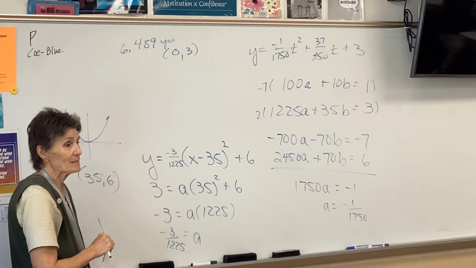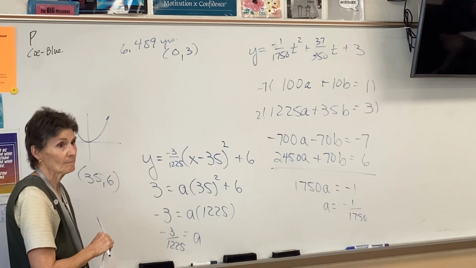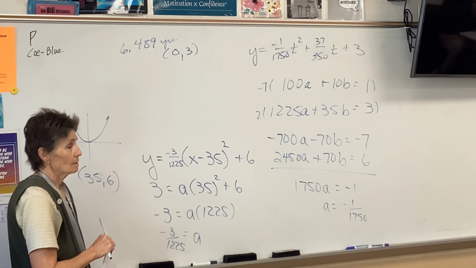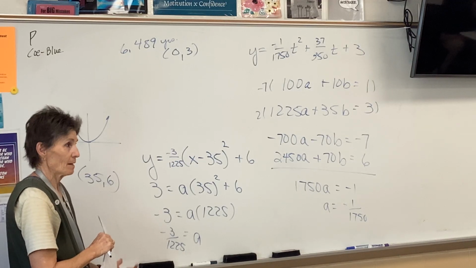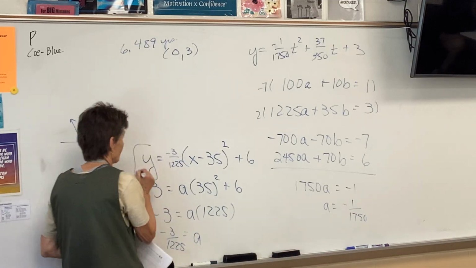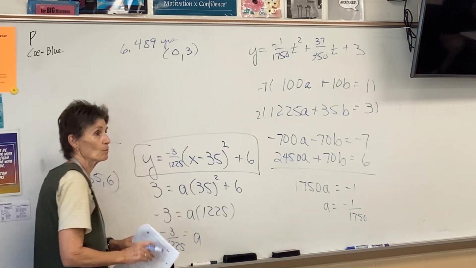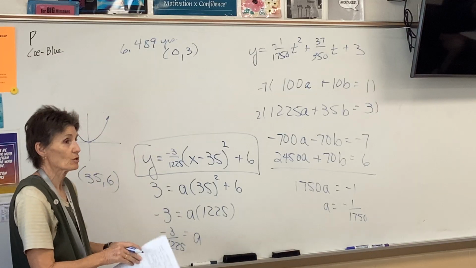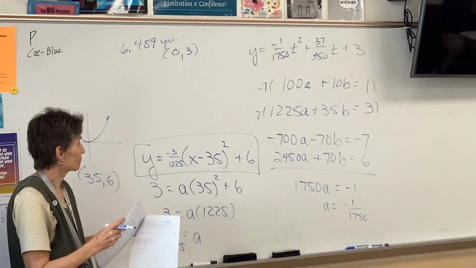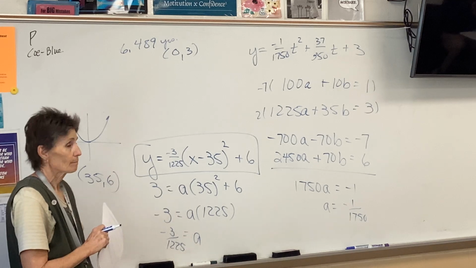Now, is that gonna give me exactly the same equation? No. But that's because I'm not using exactly the right points. But that would be another option. That would be another way of writing that equation. Okay?